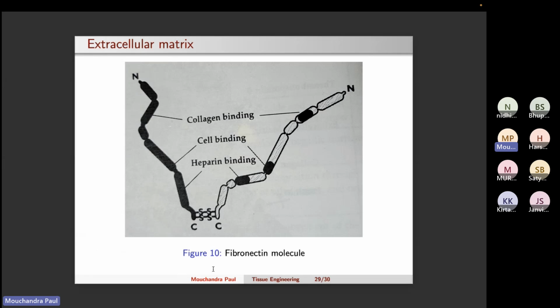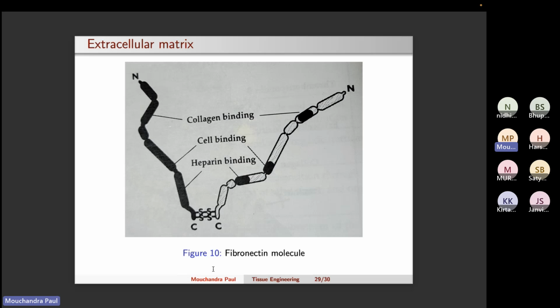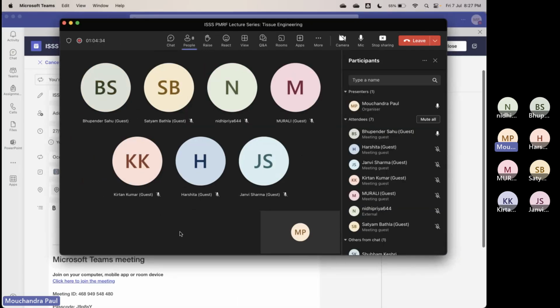So this is the image that I showed you. So that is what I have prepared for today's session. If you have any queries, let me know. It is almost time, I think. Any queries from your side? Is anyone there in the meeting?